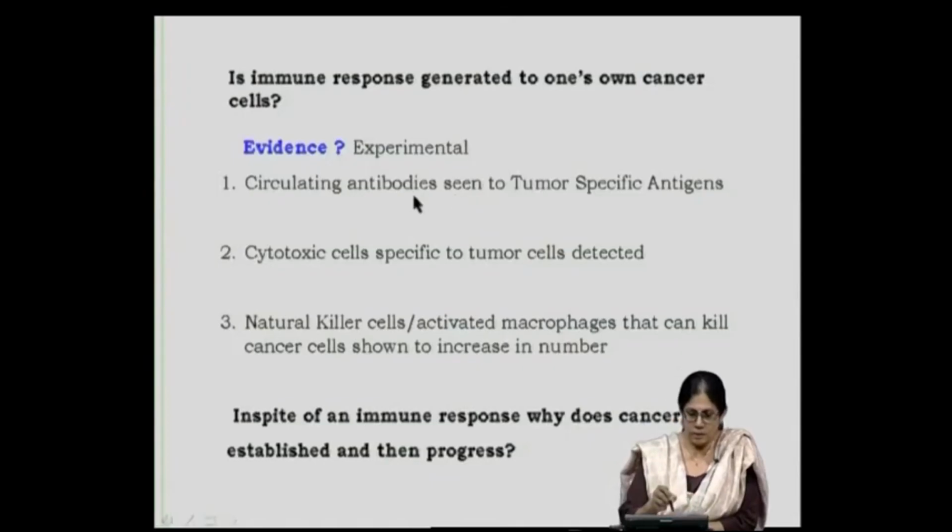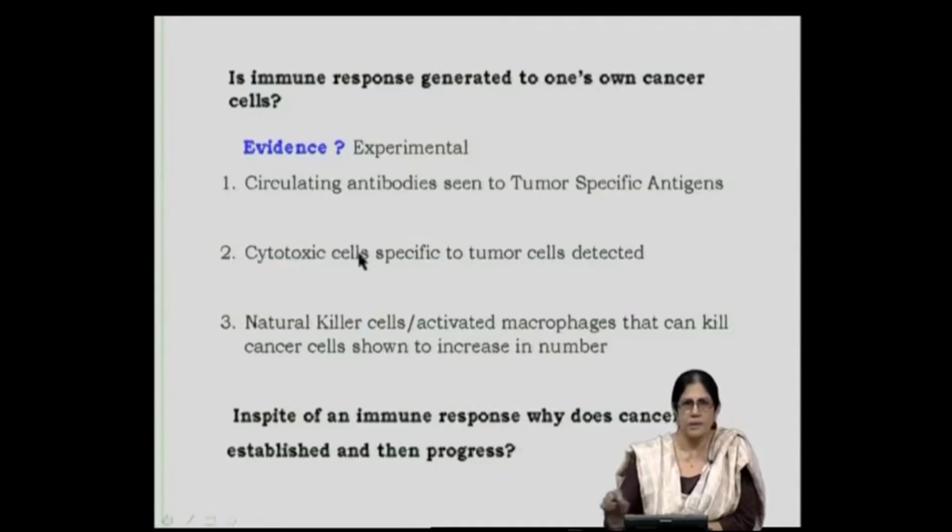So, all these three have been shown not only to get activated, but they can recognize cancer cells specifically. Not only that, they are able to kill cancer cells, specifically cytotoxic T cells as well as NK cells, by direct cell to cell attack.